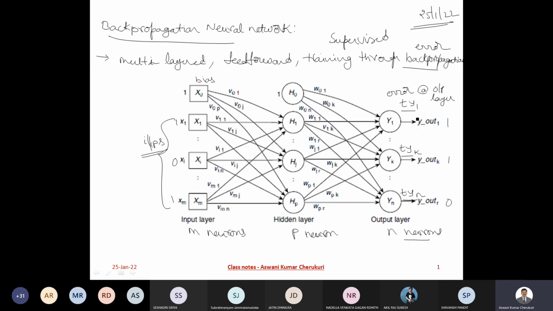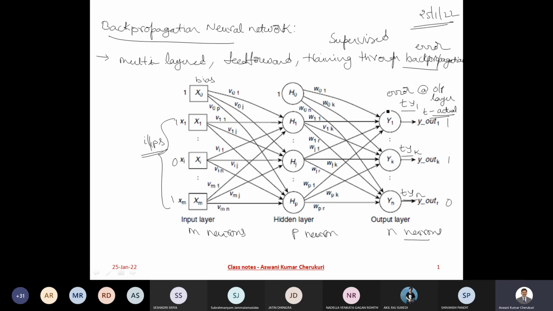So typically I can say that I consider the target minus the actual output for calculating the error. Of course, it is not the only term that I'm going to consider; there is a different way of doing the error calculation here, but I can say that t minus o I can use.